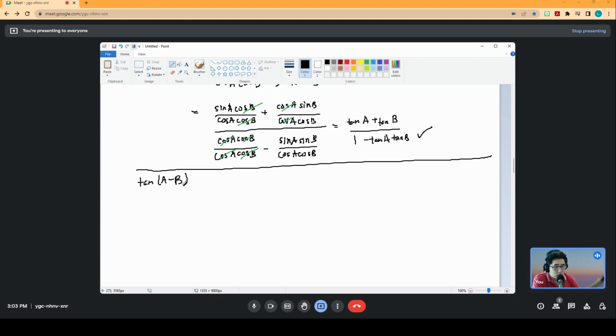So tangent of A minus B. Okay, we can use the same trick, like what we did above.